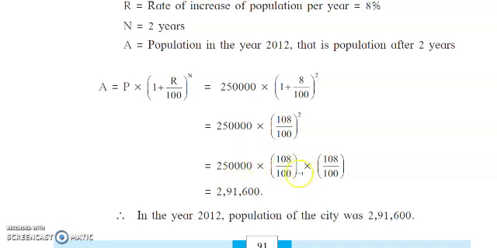These 2 zeros will be cancelled with these 2 zeros, and these 2 zeros will be cancelled with these 2 zeros. So only 25 will remain here. So 25 multiplied by 108 multiplied by 108. So we will get here 2,91,600. So in the year 2012, the population of the city was 2,91,600.